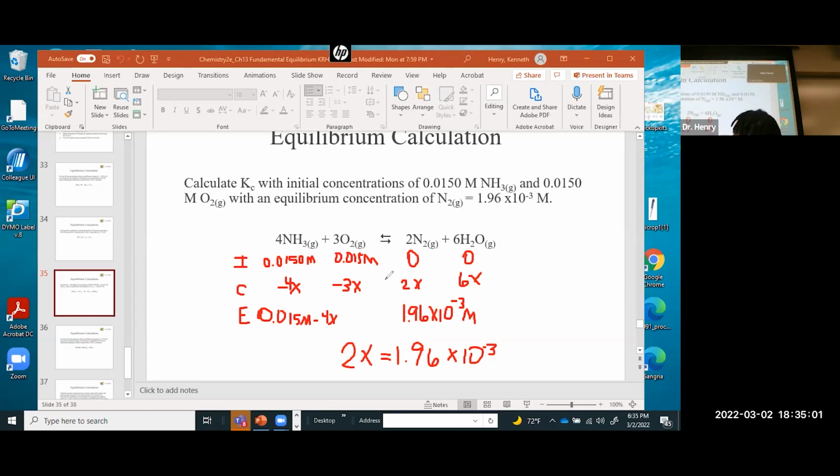All of this is being consumed to produce our products at that equilibrium concentration, okay? So that's the reason why we have to subtract 4x. Here, this guy is going to be the same thing, but now it's 3x because of that mole-to-mole ratio, right?